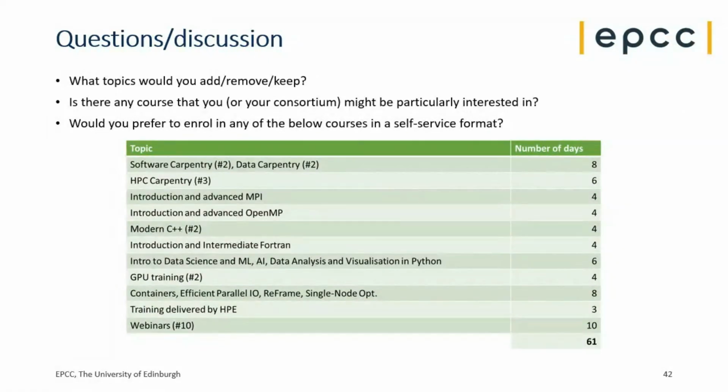The third question is: we have a list of service courses. Would you like to have another course in that list? This is also open to you if you have an idea for a webinar that you want to present. Please contact me and we can find a suitable time.